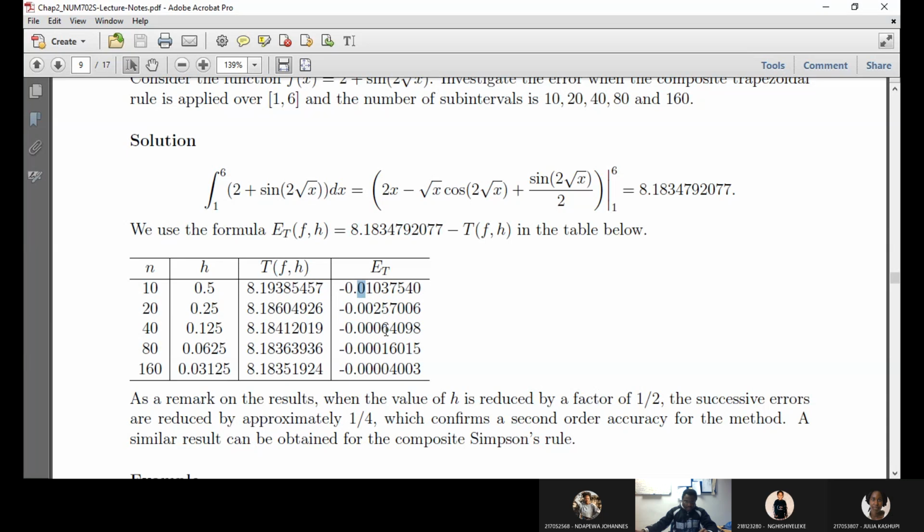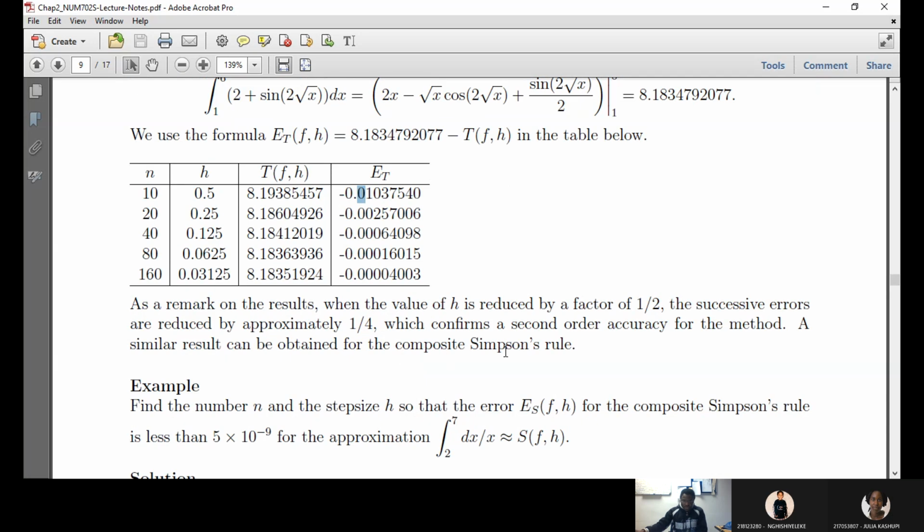We have again, this is not that visible. It's supposed to be 4, but we still have this 0.1, and then the 4th time, and so forth. So as we reduce, the successive error is reduced by approximately 1/4.